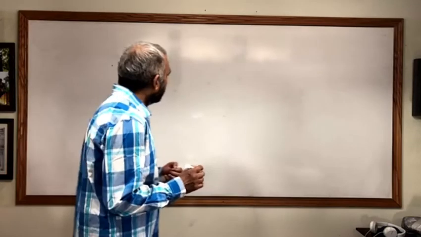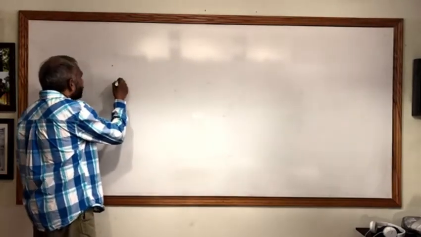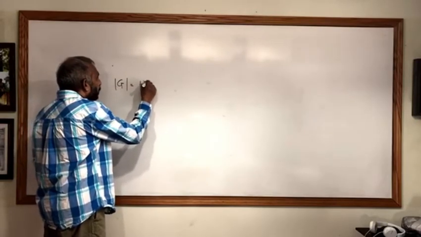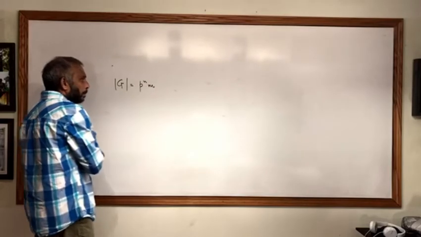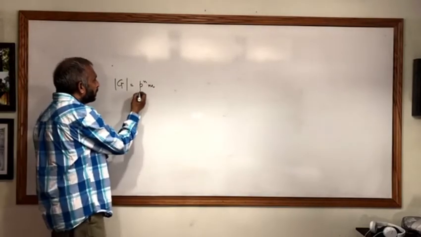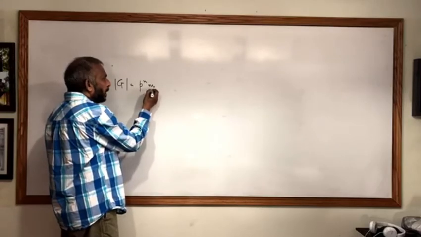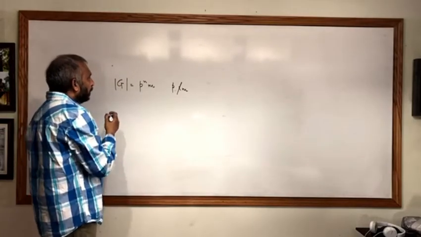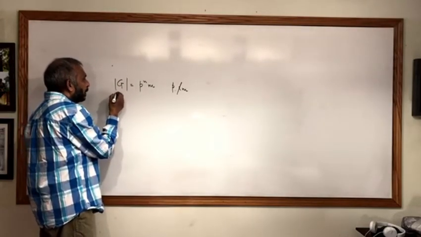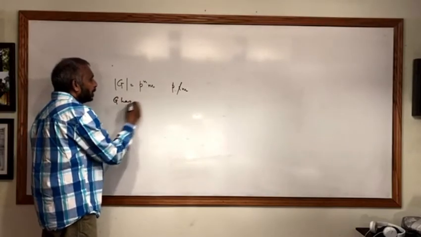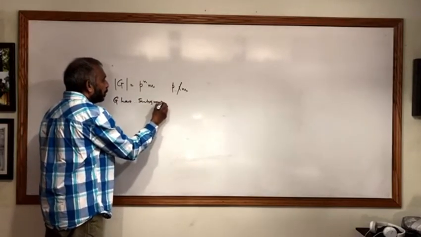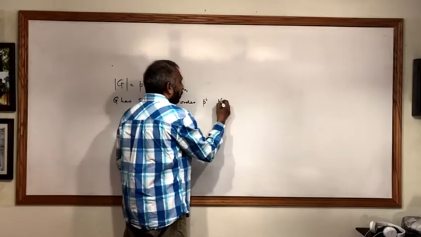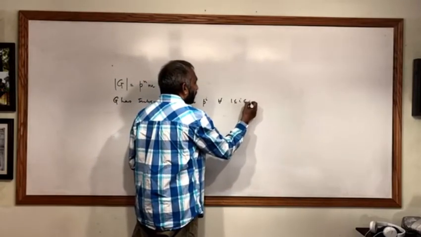In particular, if G is a group with order p to the power of n times m, where p is a prime and p does not divide m, then we showed that G has subgroups of order p to the power of i for all 1 less than or equal to i less than or equal to n.